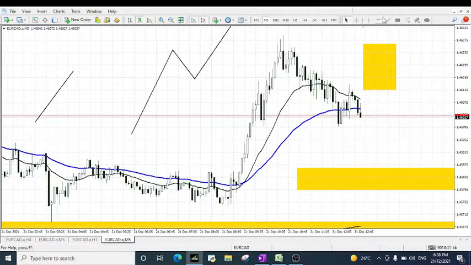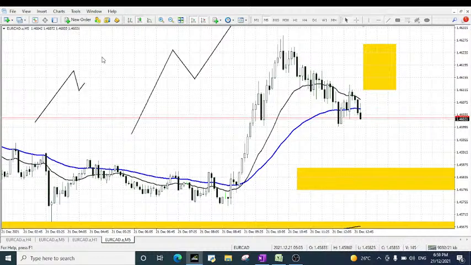Market goes up, pulls back, and starts to turn up. A lot of traders will think that, okay, this second leg is about to continue. They take buys. And of course, what does the market do? Continues to go down. People who put their stop losses here will be taken out.